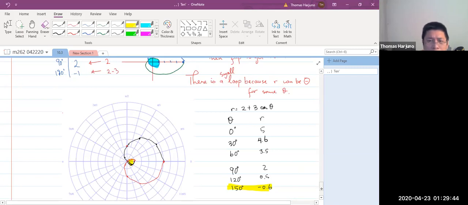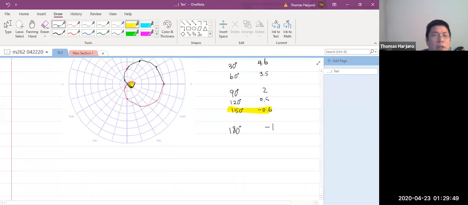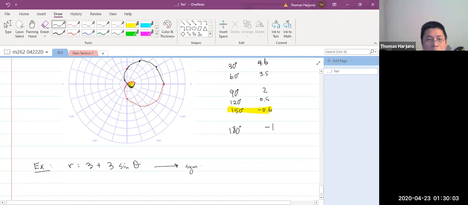If the constants are the same, like the 2 and 3 instead are both, let's say, 3, let's take another example: r equals 3 plus 3 sine theta. We know this will be symmetric with respect to the y-axis. So when we do our theta later on, we'll go from negative 90 degrees to positive 90 degrees.